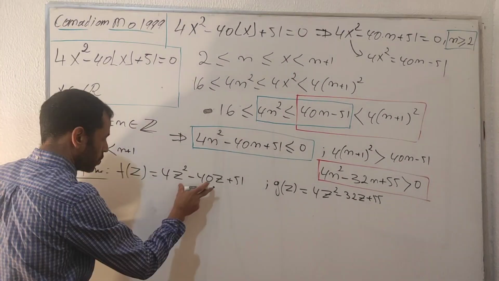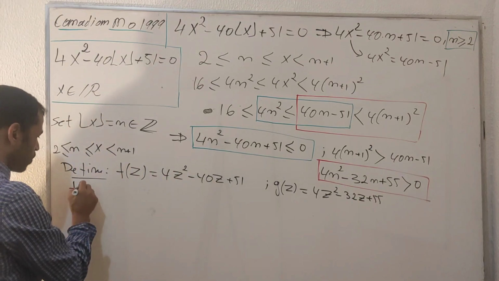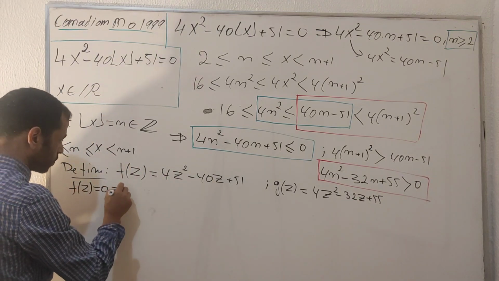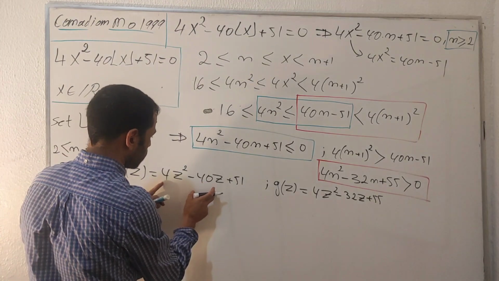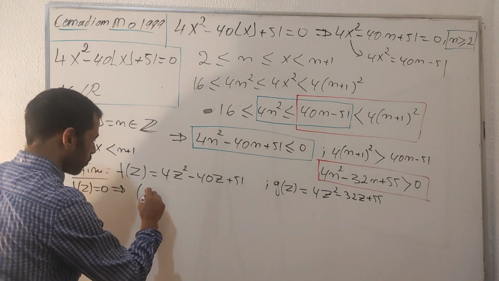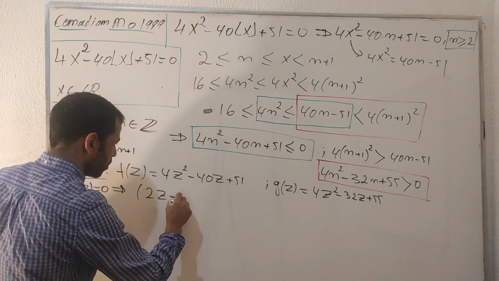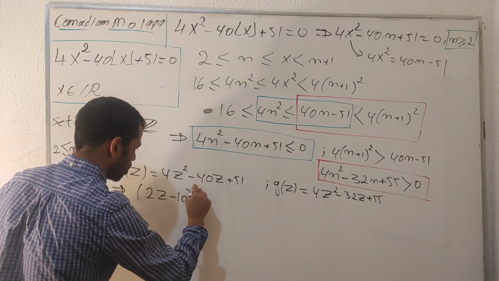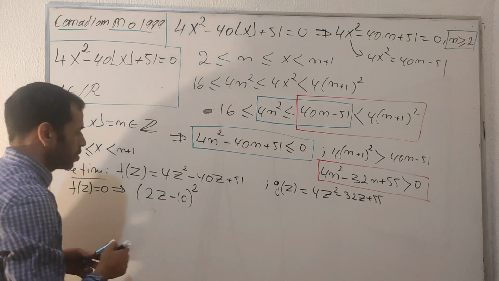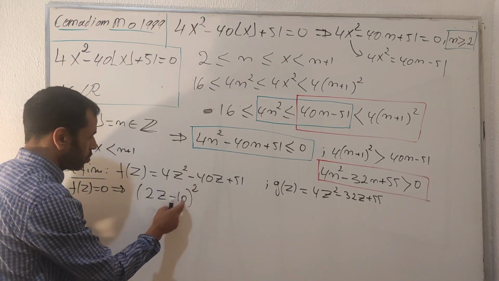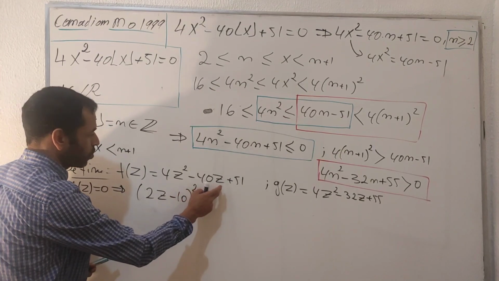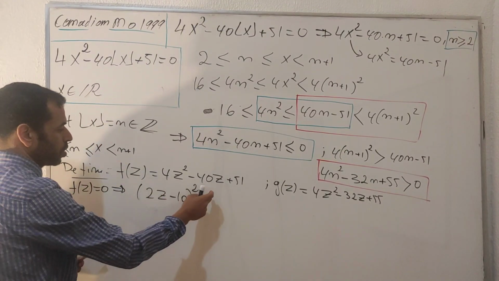Okay, solving this equation, I get f of z equals 0. I get the following, and at the same time I'm going to factor this one in the form of (2z minus 10) squared. As I'm expanding this one, I get 4z squared minus 40z plus 100, minus 49.